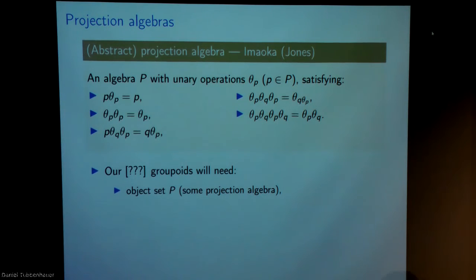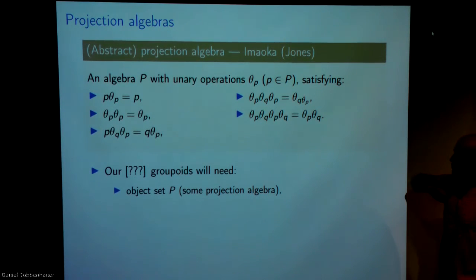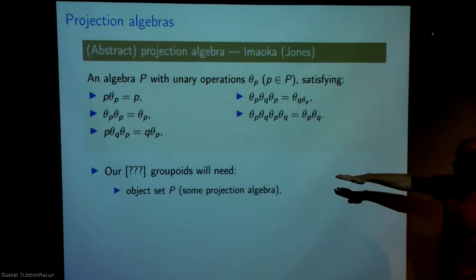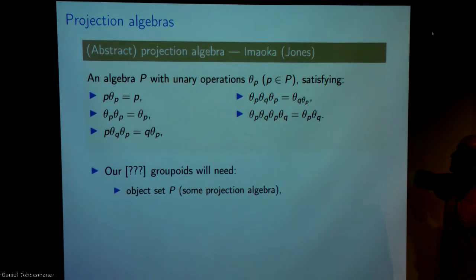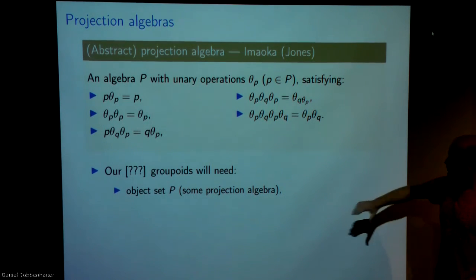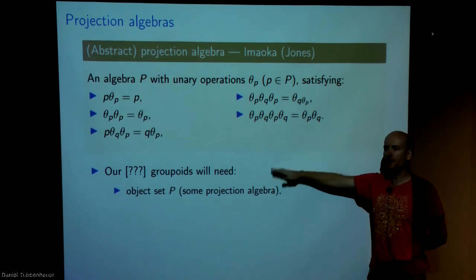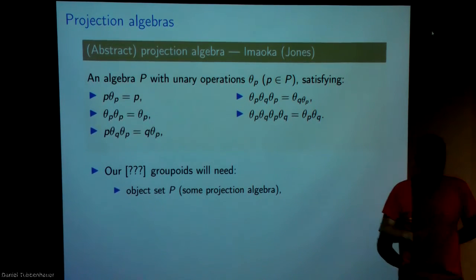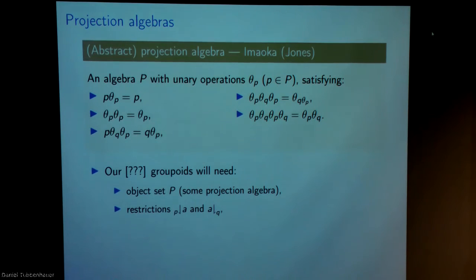Whatever our groupoids are going to be, they're going to have object set some projection algebra, and somehow the structure of this projection algebra is going to have to interact with the structure of the groupoid. So we're going to have to be able to form restrictions.